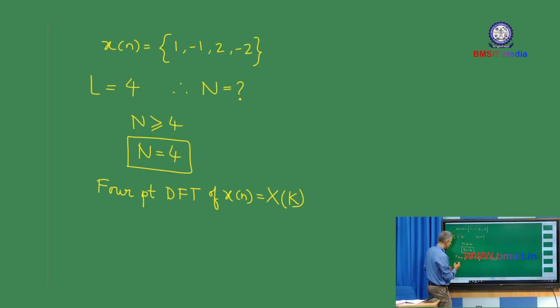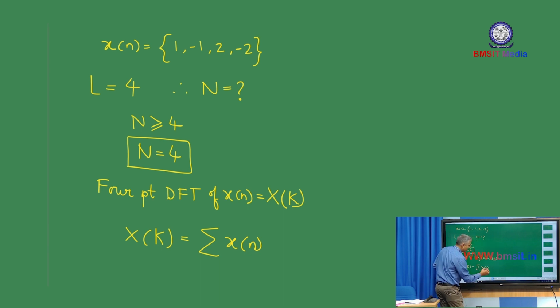What is the formula? We know that the 4-point DFT x of k is summation x of n e raised to minus j 2 pi by N kn. So you know this relation.